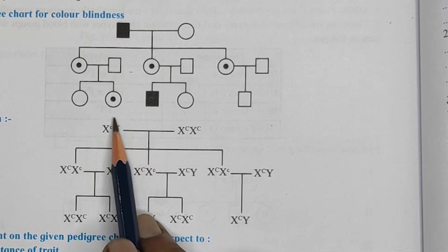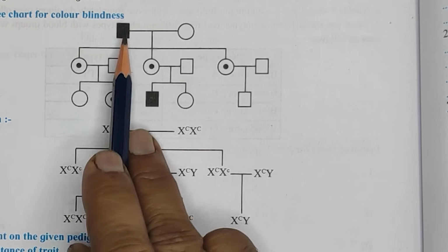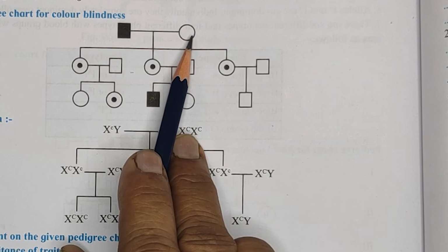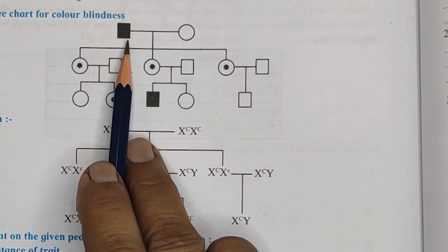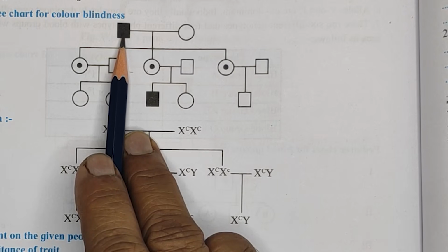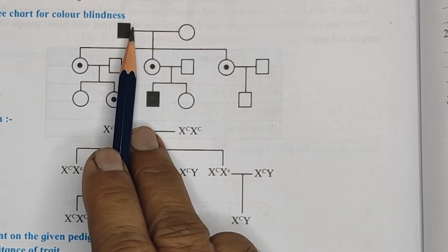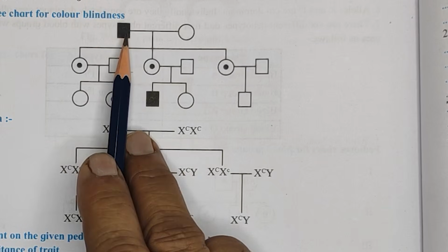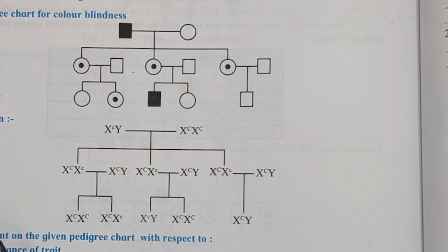So here, if you see, this is a colorblind male. The affected male is there and the normal female is there. The affected male cannot differentiate between red and green color. So it is red-green color blindness. It is more common in males than in females.